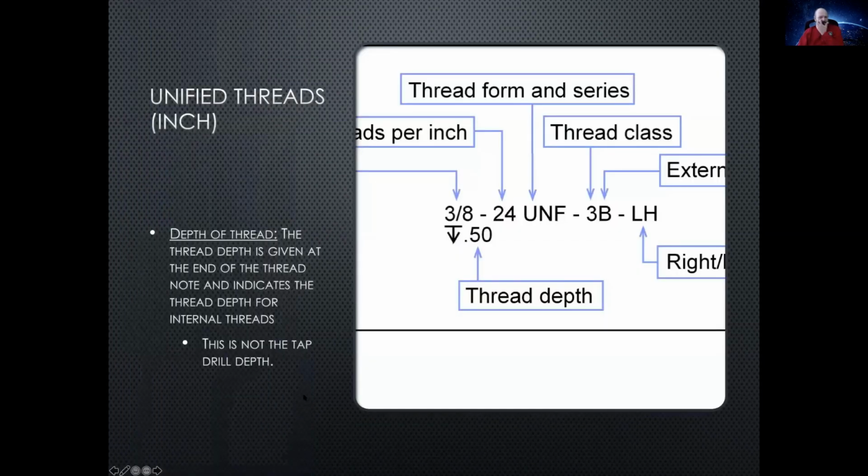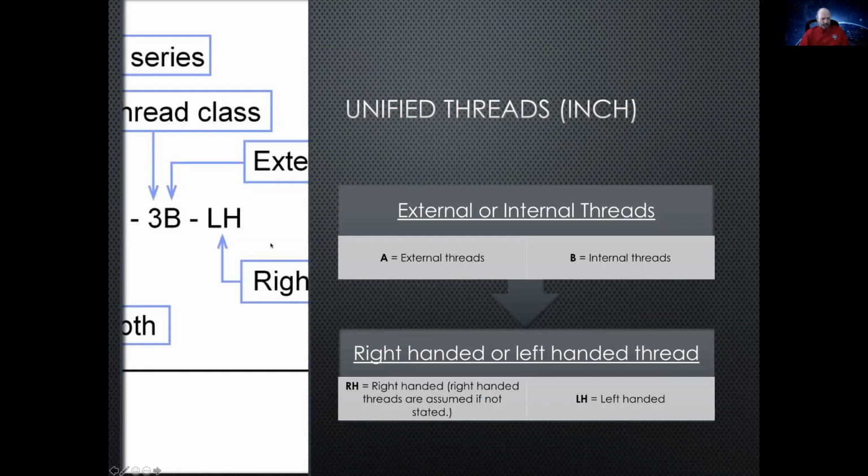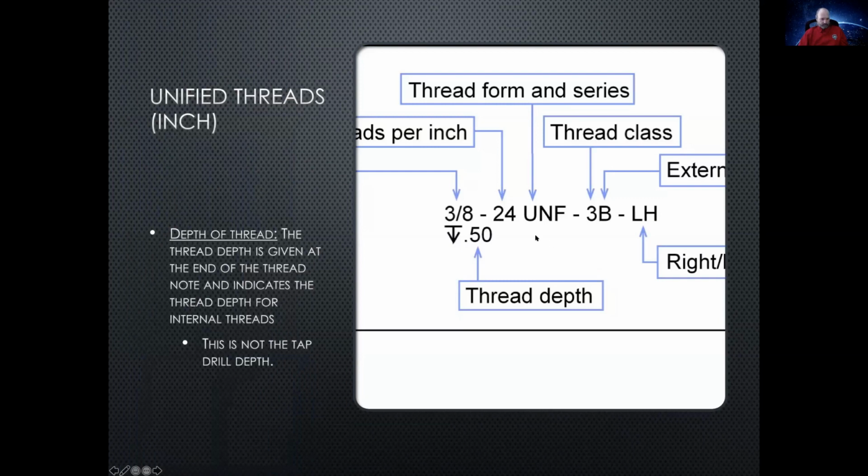That goes without saying. And then you've got the depth of thread right here. So this was an internal one because it has a depth associated with it. So that's what the B is, it says it's an internal thread, because we have a depth.